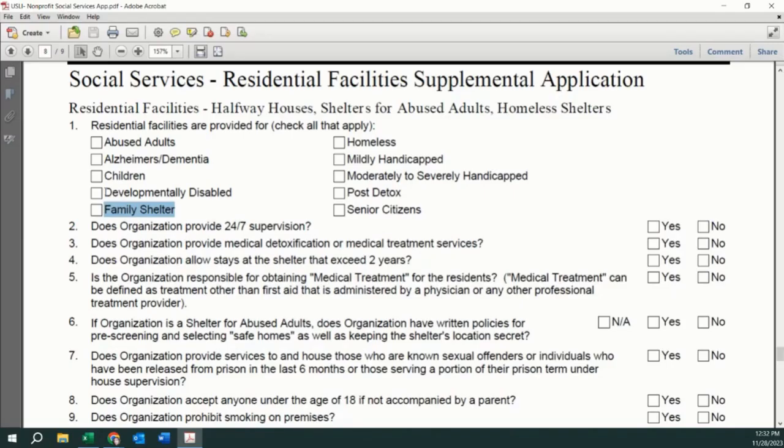Also, developmentally disabled, do you have someone to support them? Abused adults, Alzheimer's, dementia, mildly handicapped, severely post-detox, senior citizens, homeless. I would suggest that you Google each one of these categories and that you decide if that is something that you have a heart to staff for and to learn about, and that you want to do that long term.